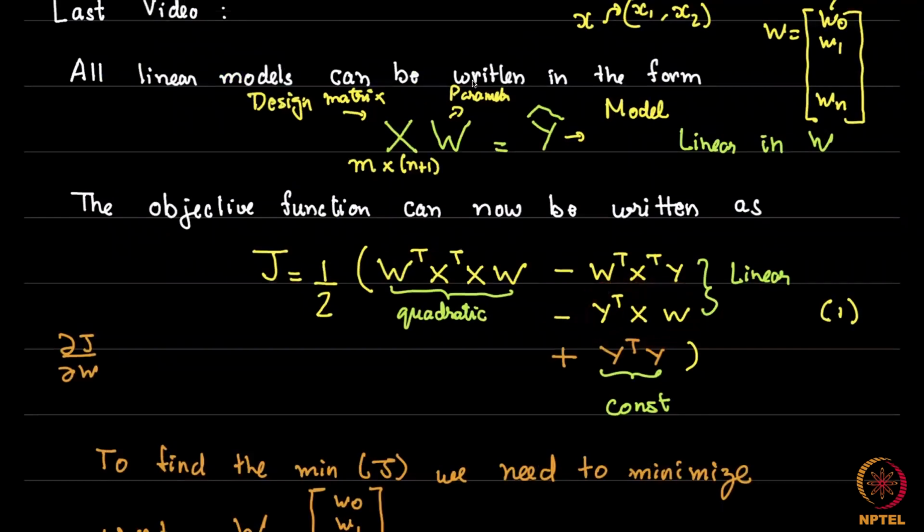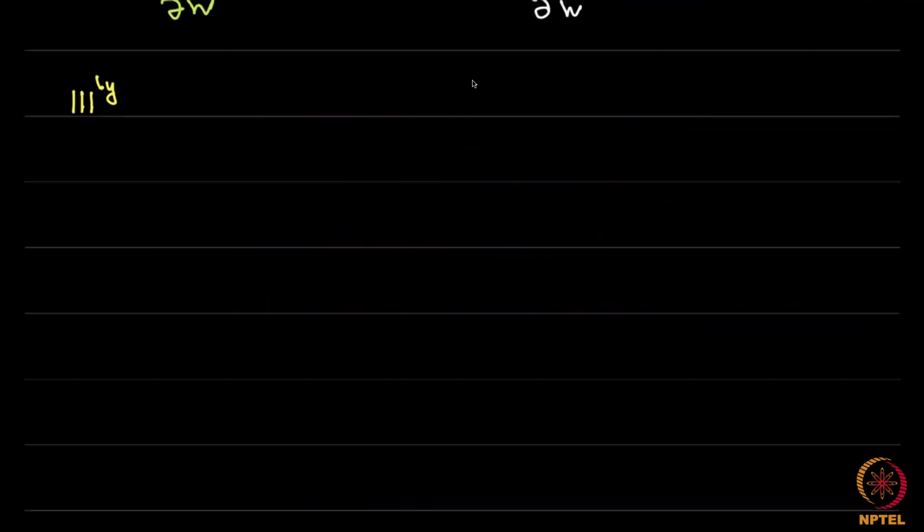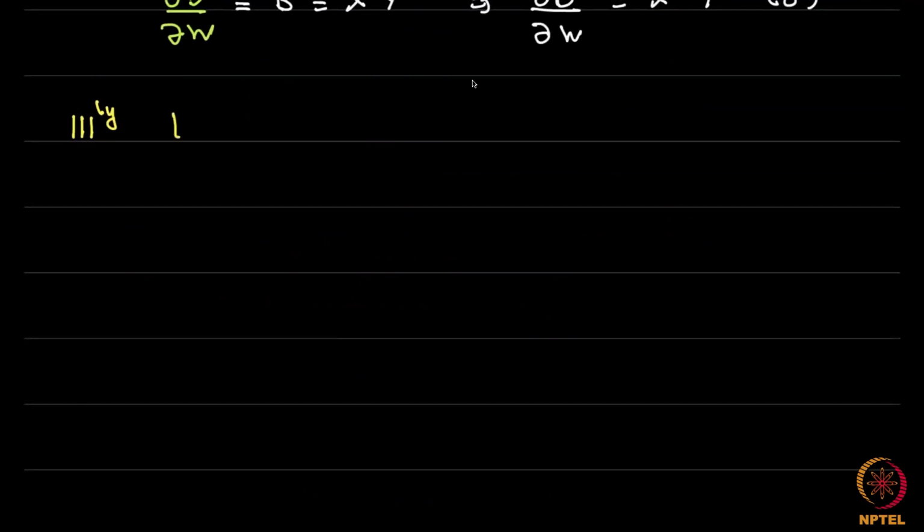This term here, which is Y transpose X W. Okay, so let's call that E. Y transpose X W. We want del E del W. We had the result before. Let's call this C. So del E del W, when this is CW, is something we already know. This is C transpose.